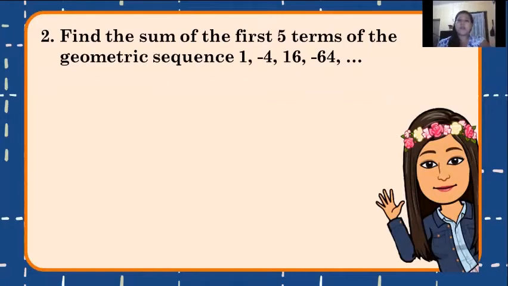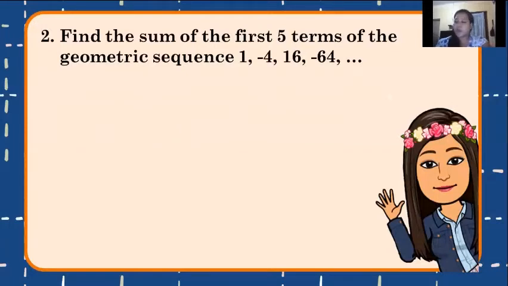As you can see, our geometric sequence here has alternating signs, from positive to negative, negative to positive, and so on. Just like what I said when we discussed geometric sequences, when we have alternating signs on the geometric sequence, it means that our ratio will be a negative number.